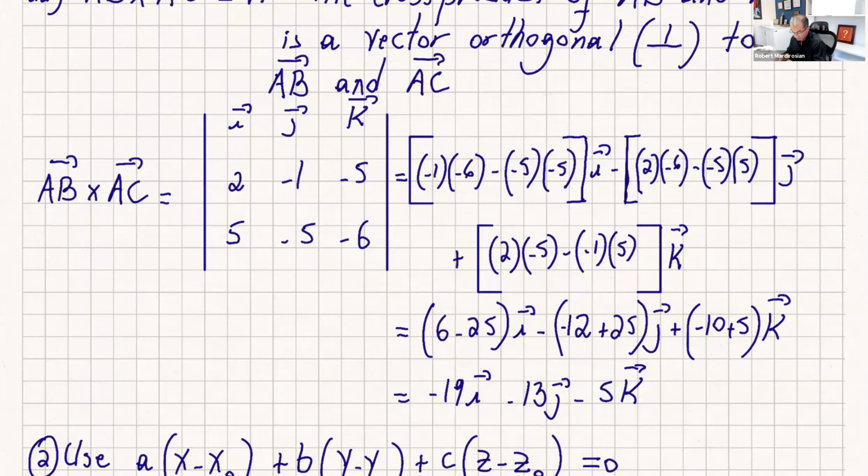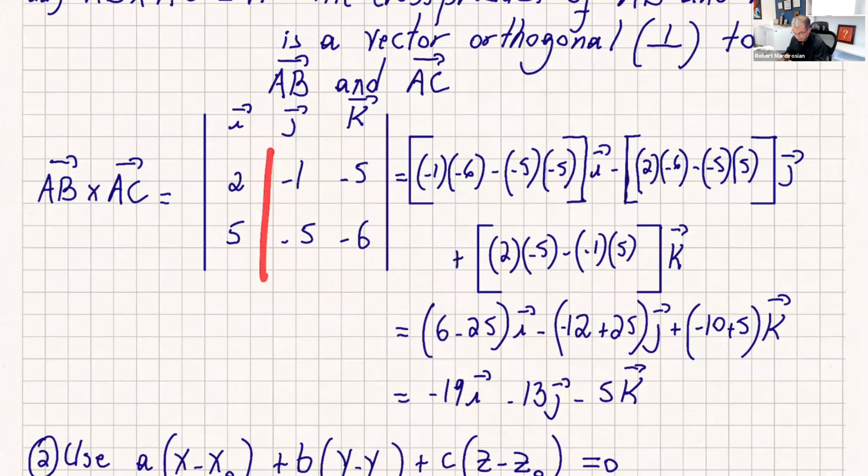We are going to do determinants in detail, but for now, let's just watch and try to learn that right here. So if I want to find the I component of the cross product, you hide the row that contains I and the column that contains I, and you're left with these numbers, and you find the determinant of that 2 by 2 matrix.